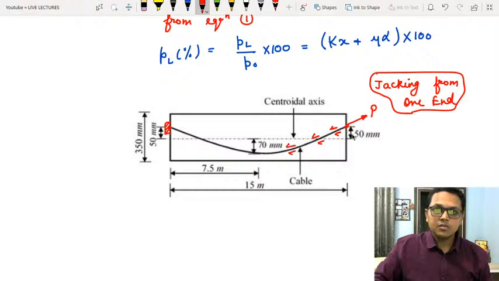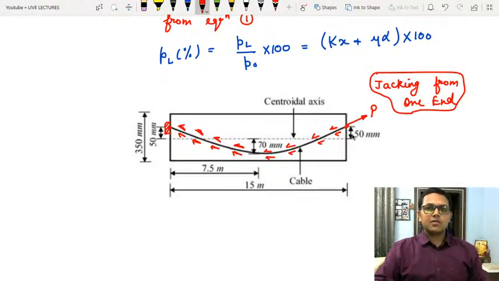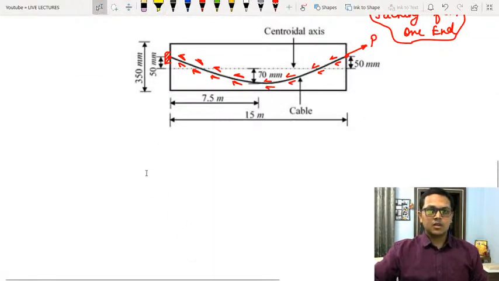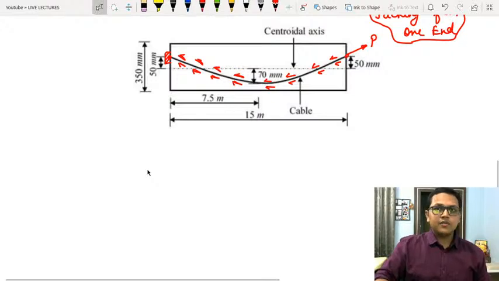Any doubts? There will be a friction force along this length. Now this friction force is calculated using two factors.